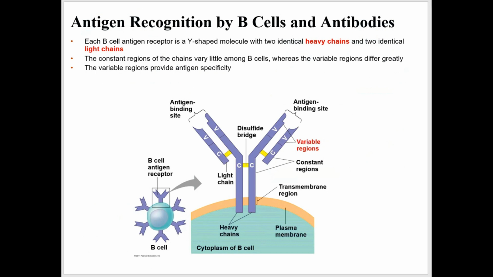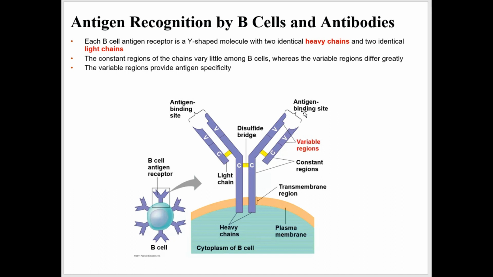So if you take a look at the antibody structure of the B cells, you're going to see that there are two heavy chains, and they are embedded in the membrane. And those two heavy chains are connected by a disulfide bridge. And then there are light chains that are also connected by a disulfide bridge to the heavy chains. So it sort of makes this Y-shaped structure.